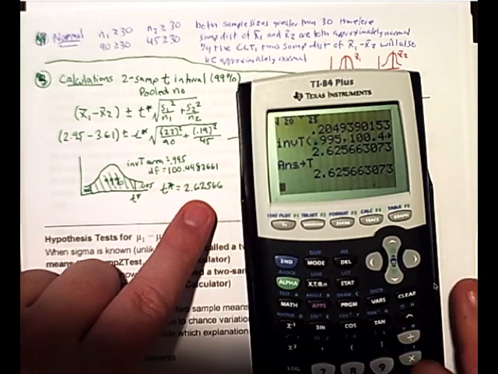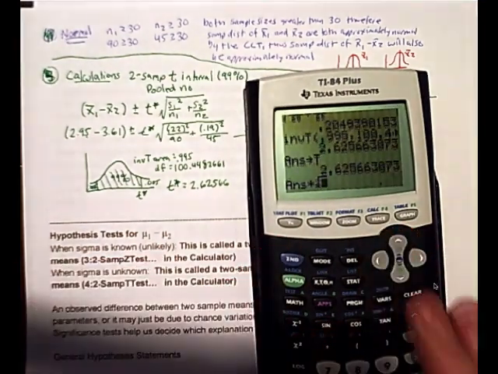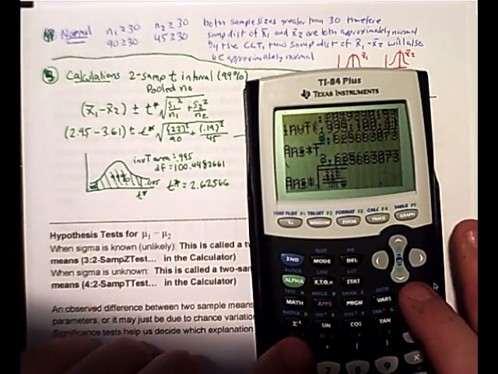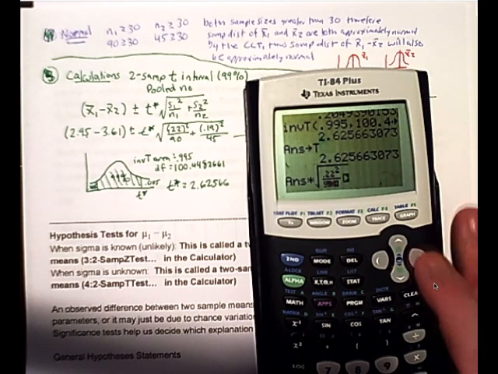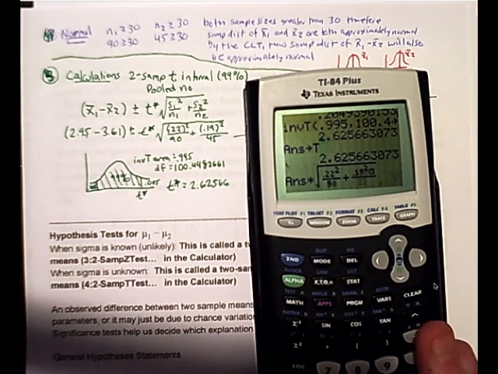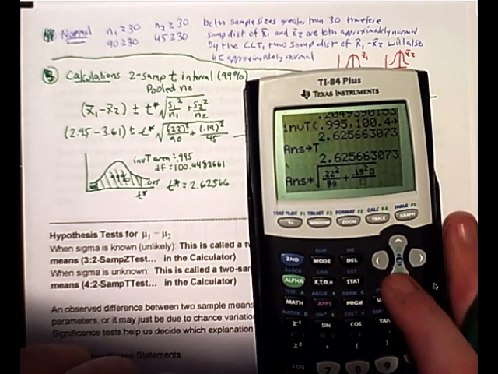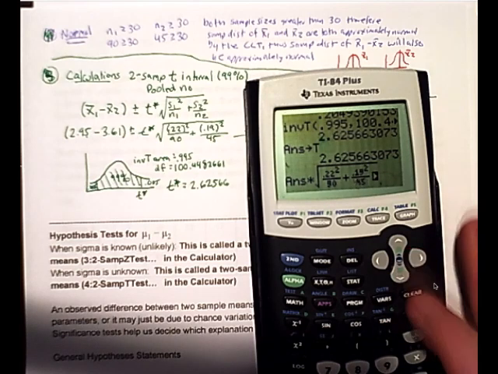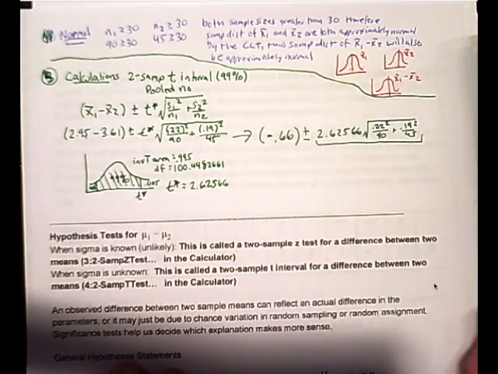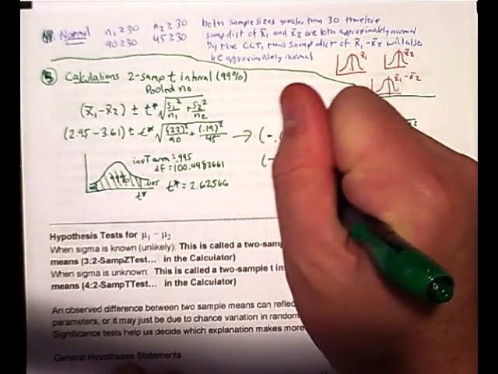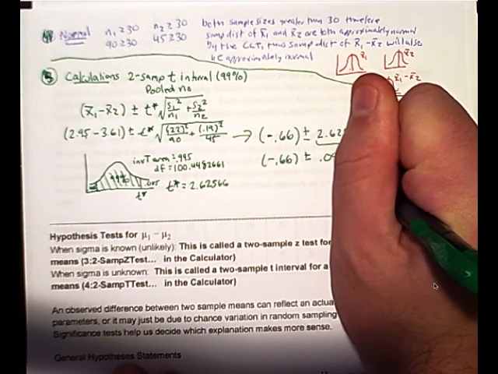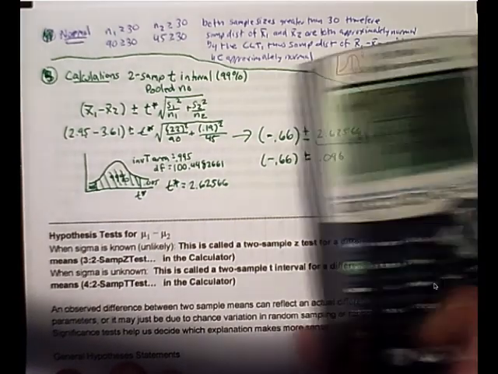So I'm going to take that number times the big square root, 0.22 squared over 90 plus 0.19 squared over 45. All right, so 0.096. And that's negative 0.66 plus or minus 0.096. Let me just store that as something.